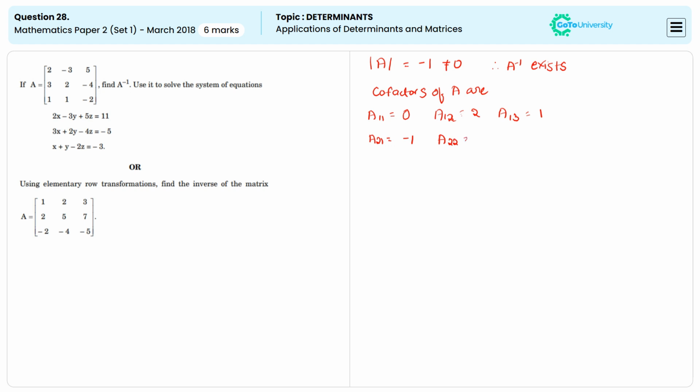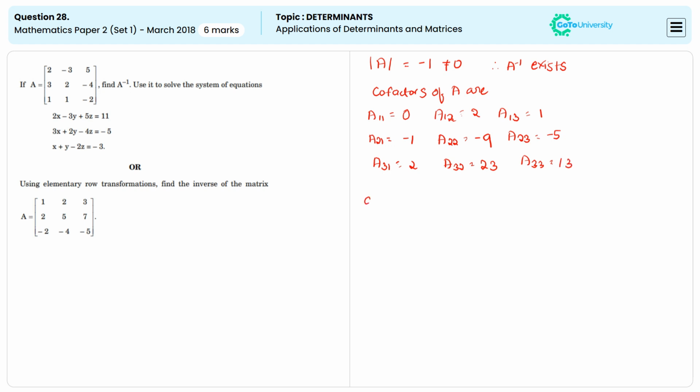A22, if you expand, you get minus 9. And A23 will be minus 5. And A31 will be 2. And A32 will be 23. And A33 will be equal to 13.